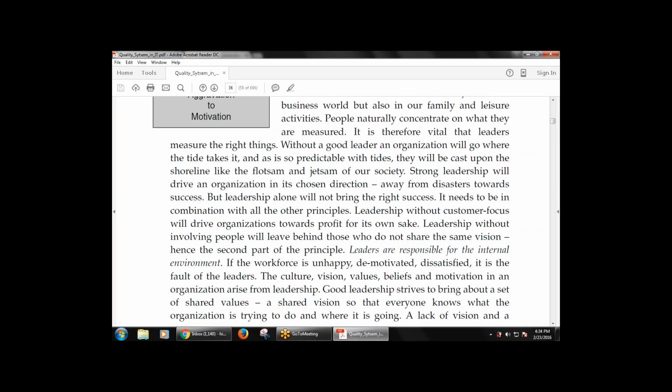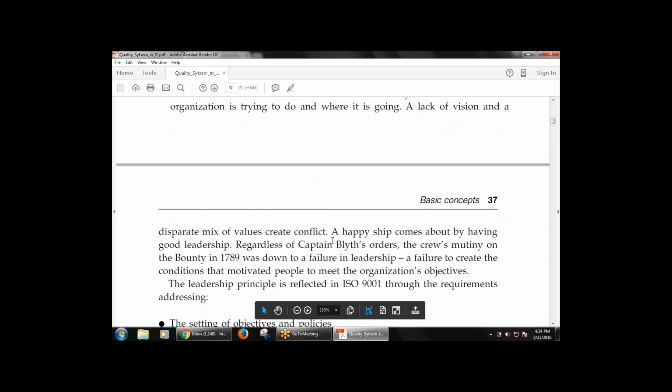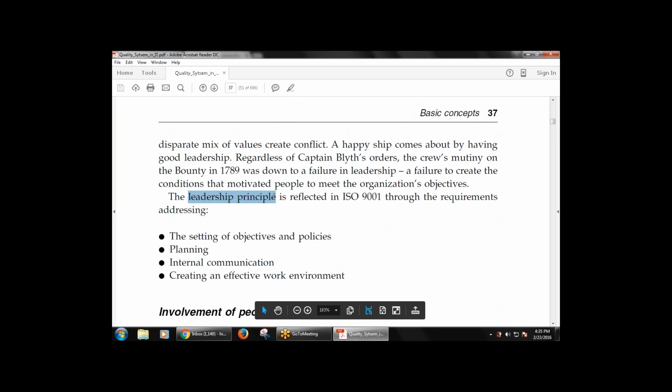That is also one of the tasks of the leaders. The leadership principle is reflected in ISO 9001 through the requirements it addresses.